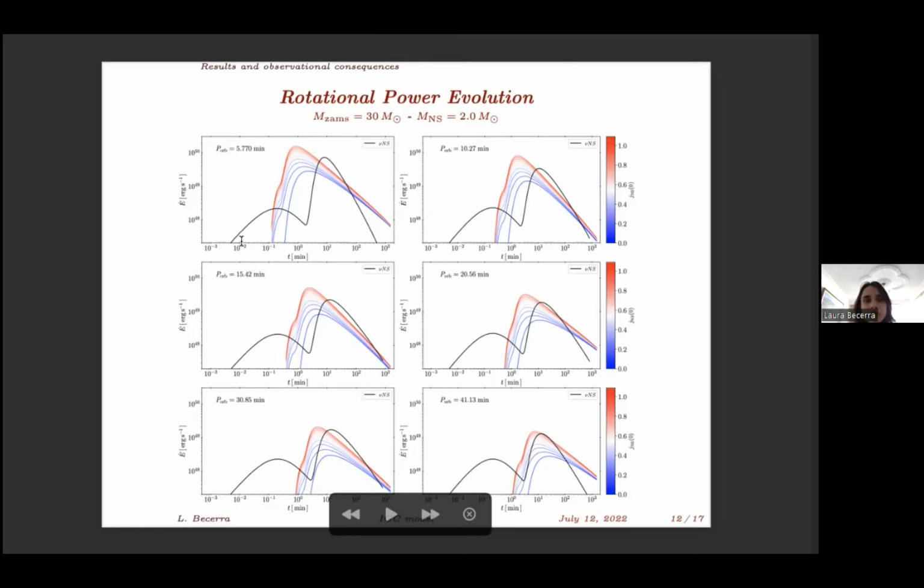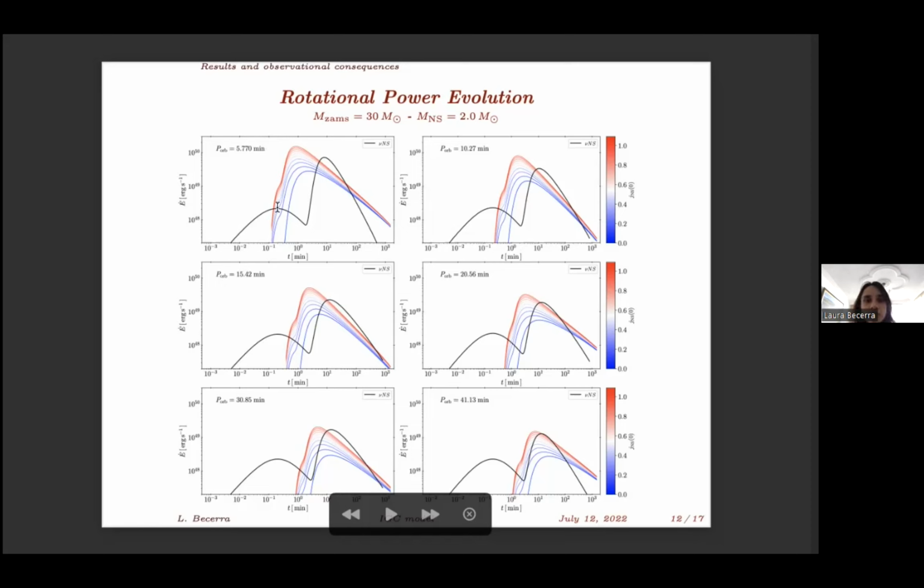So this first peak is going to be almost independent of the initial orbital period of the system, but this second peak will happen early and is going to depend on the initial orbital period. It is going to be greater for short orbital periods and smaller for longer orbital periods.